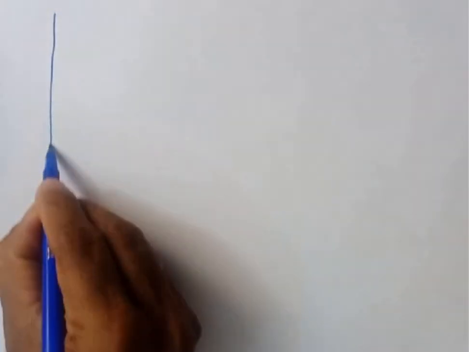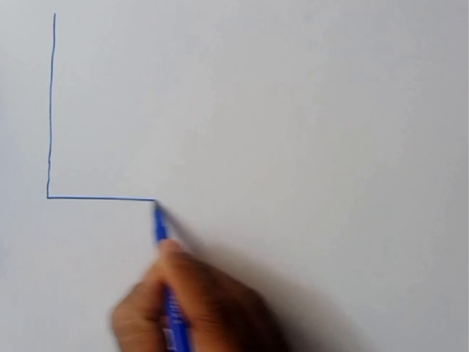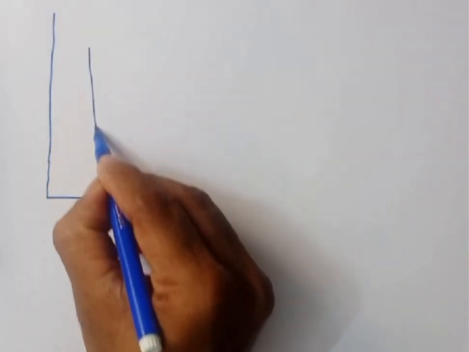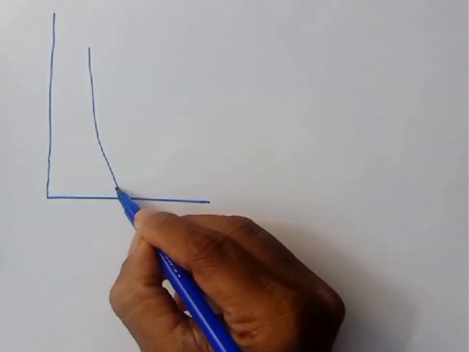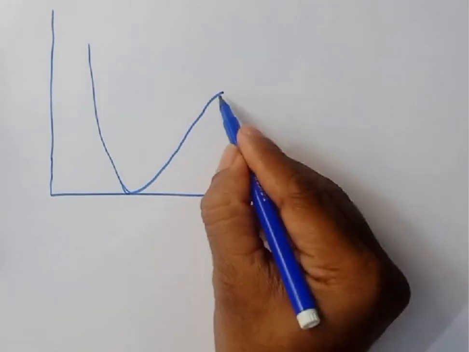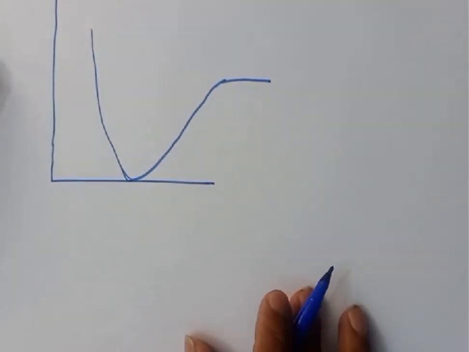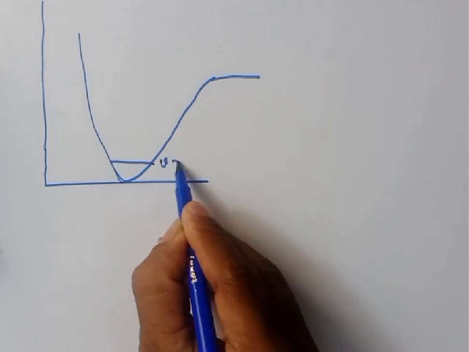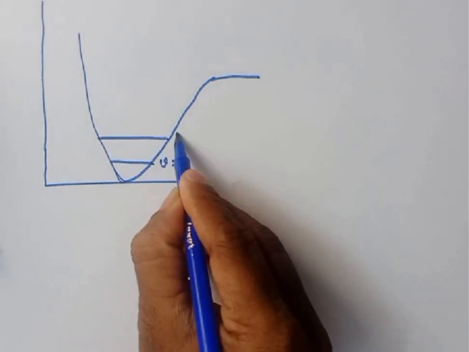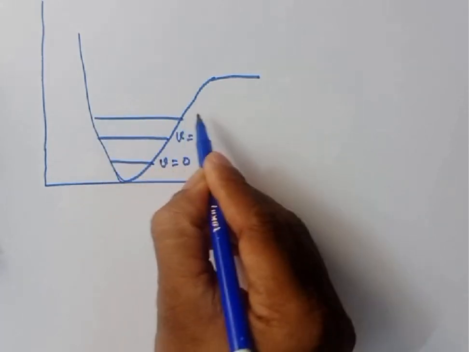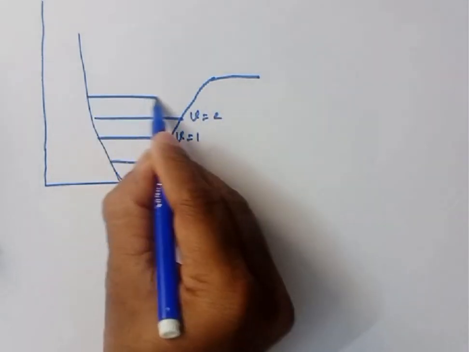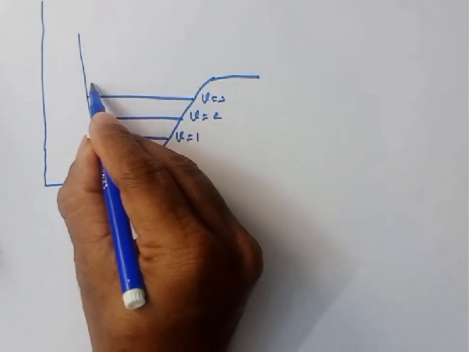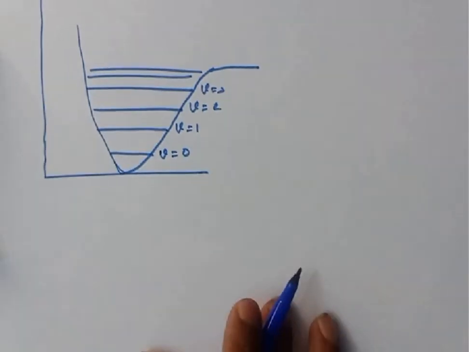In the case of the anharmonic oscillator, this is the potential energy function, the Morse potential energy function, and these are all the allowed vibrational levels: V equal to 0, 1, 2, 3, etc. Like that, many levels.